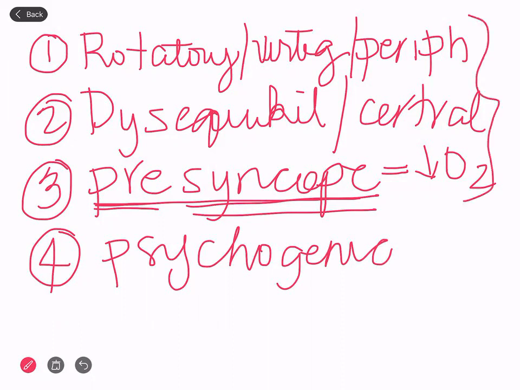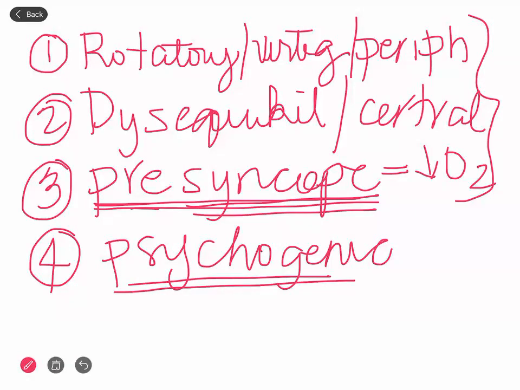Usually they are associated with panic attacks, depression, or some severe emotional attacks. Can you hear me? Yes po. Okay. So that is for your psychogenic and pre-syncope.